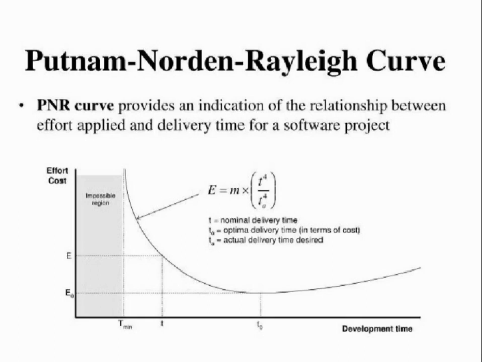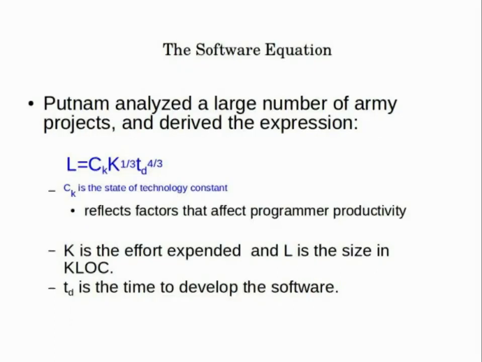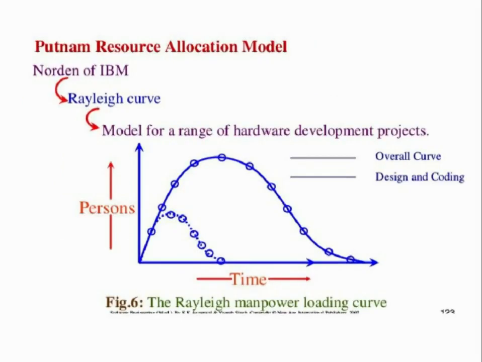K is the effort expended in the Putnam graph region. L is the size of the program code in thousands of lines of code. Td is the time to develop the software. This is the original Putnam resource allocation model curve.